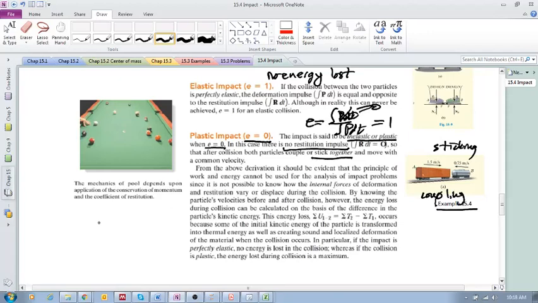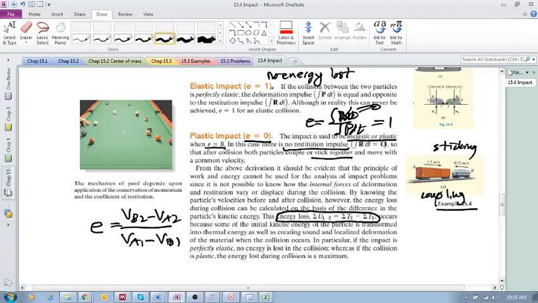One helpful thing about knowing the E value, remember that it's VB2 minus VA2 over VA1 minus VB1, is that if you use this in conjunction with other equations like the conservation of momentum, you're able to find what your energy loss was during the collision.